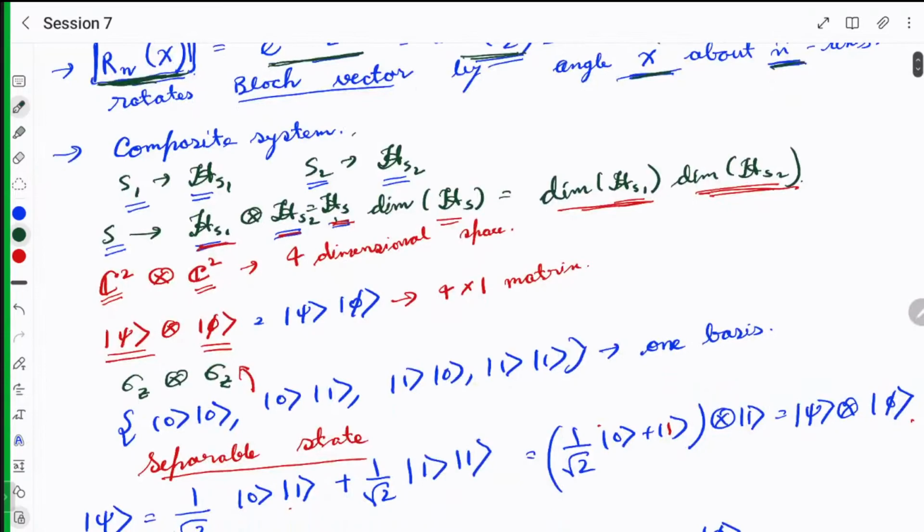If there is a system S1 which has a Hilbert space H_S1 and a system S2 which has a Hilbert space H_S2, then the Hilbert space of the composite system, which we write as H_S, will just be a tensor product of H_S1 and H_S2. The dimension of this composite system H_S will just be a product of the dimensions of the subsystems.